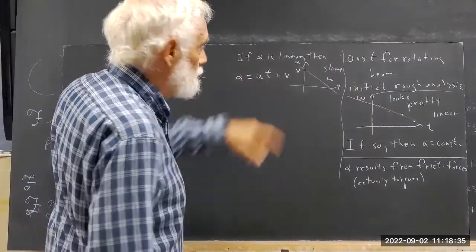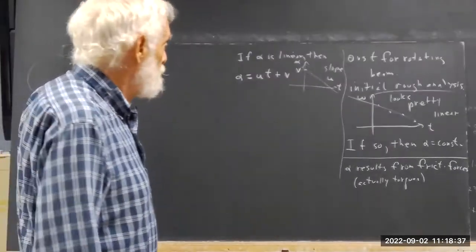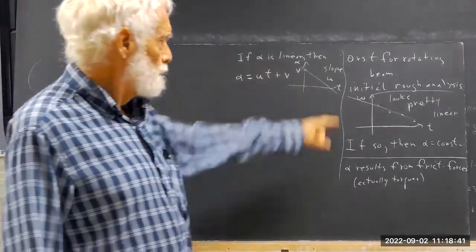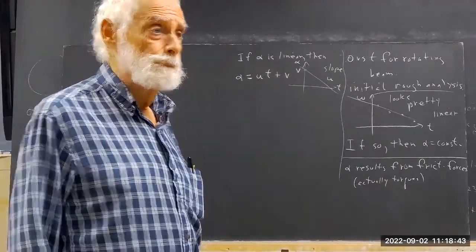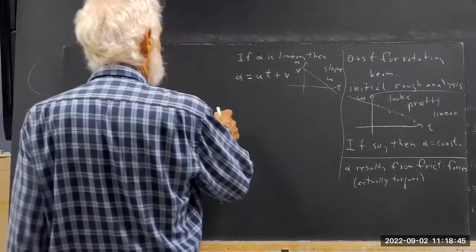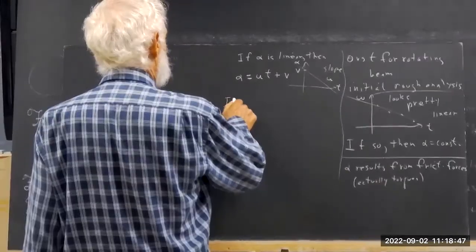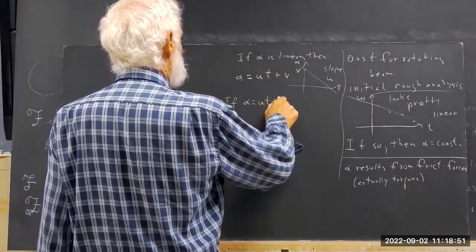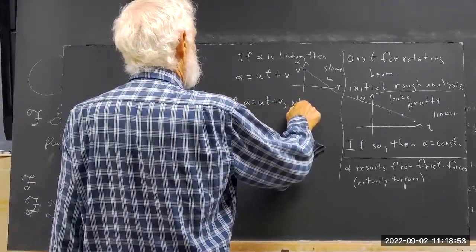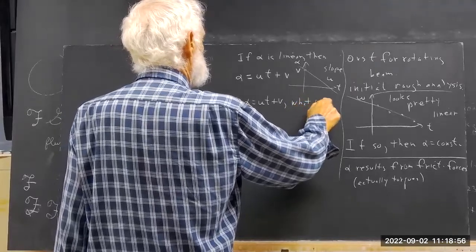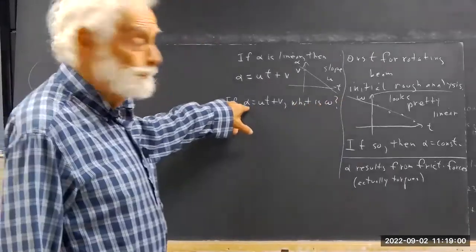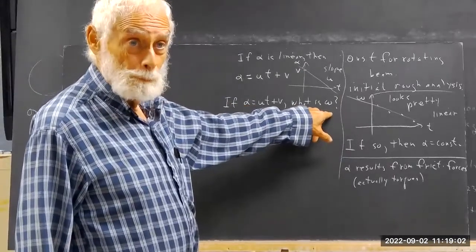Now, if alpha is linear, then if alpha is ut plus v, what's omega? Now, this is alpha of t, this is omega of t, right?